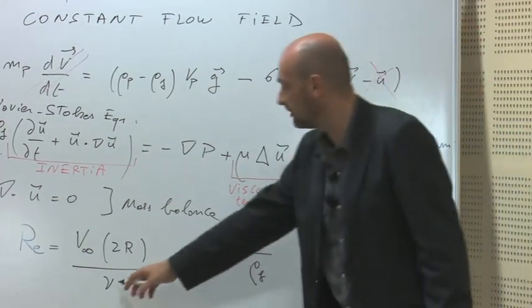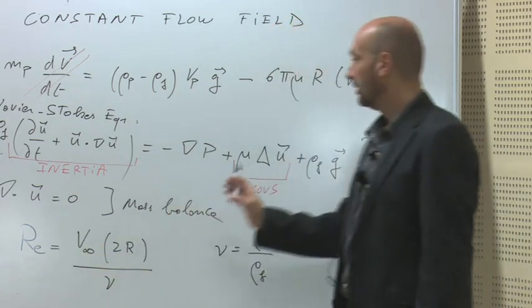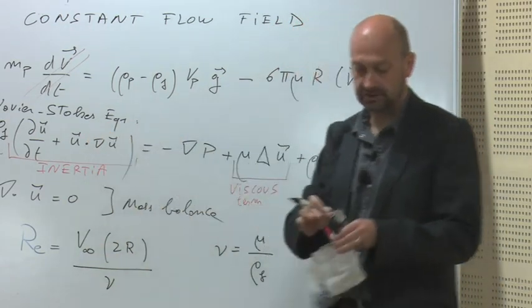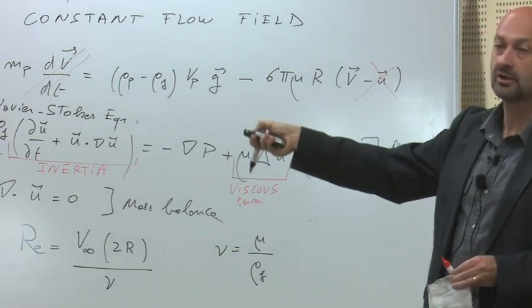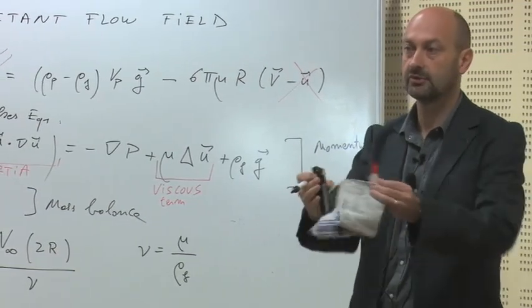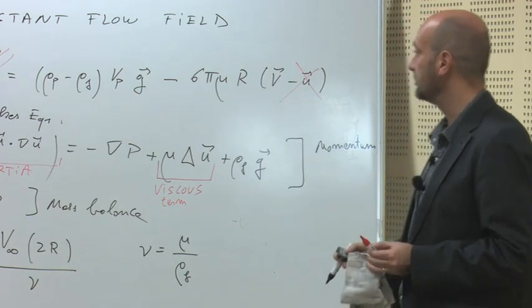This is called the kinematic viscosity. So this is the Reynolds number, which appears when you write the Navier-Stokes equations, the equations you need to solve around the particle to get the flow, because the flow is passing over the particle. There's a solution which has been found by Stokes.